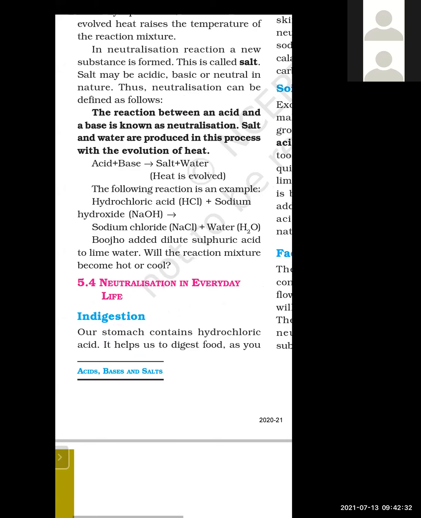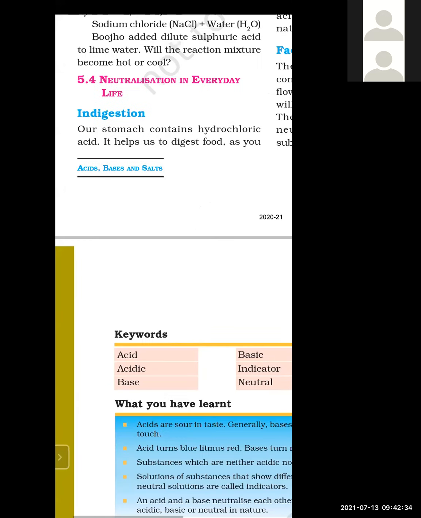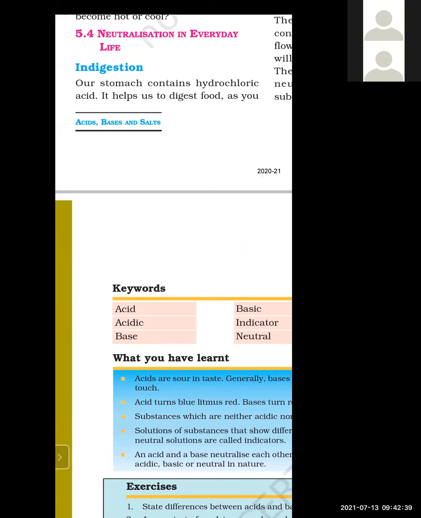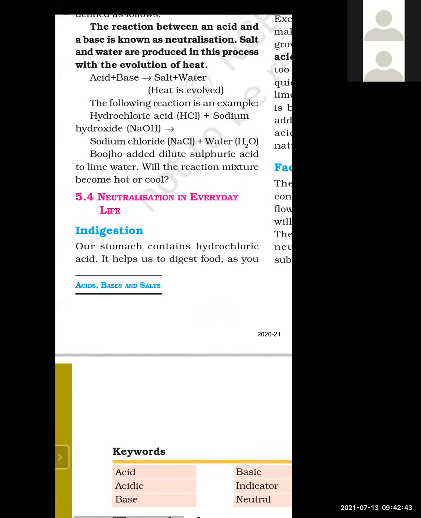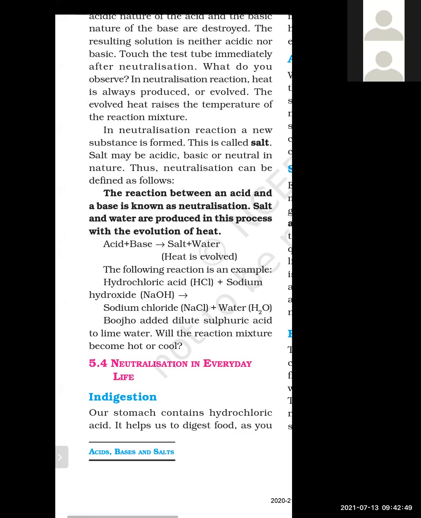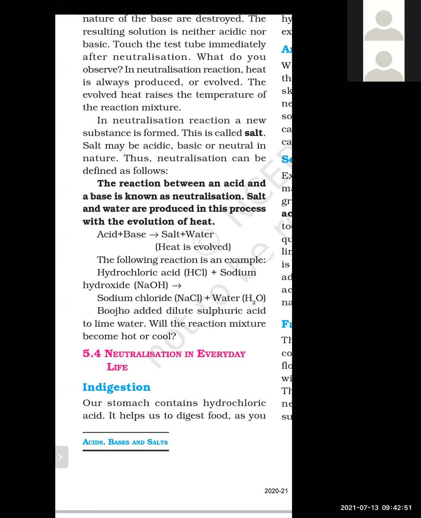So student, let's start. Neutralization in everyday life. In our day-to-day life, we have observed many situations in which neutralization plays an important role. The first is indigestion. What is indigestion?